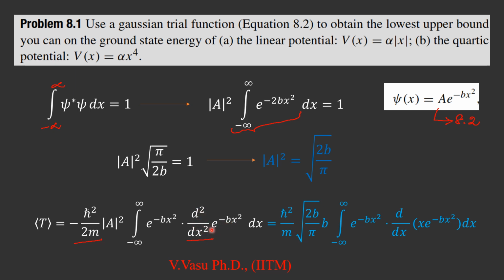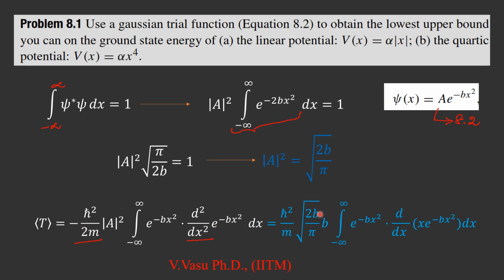This is a second order differential equation, so we differentiate once. We get minus 2b x, minus 2b x. The minus of minus becomes plus, and the 2 cancels with the 2 in 2m. I have replaced h cross squared over 2m by h cross squared over m, and taken minus 2b outside.